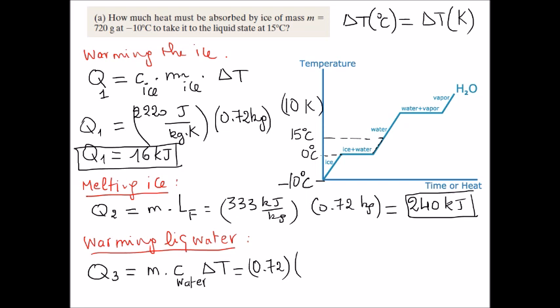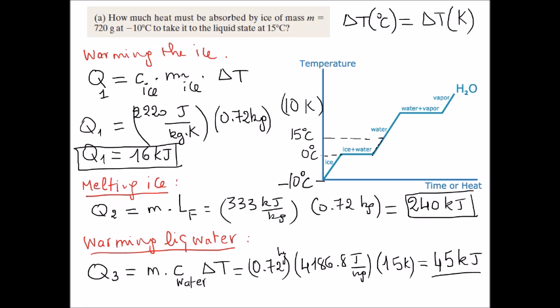Specific heat of water, 4186.8 joule per kilogram Kelvin. And what is delta T? I go from 0 to 15. So that's very important, this drawing. So that's 15. You do that, you will find about 45 kilojoule.